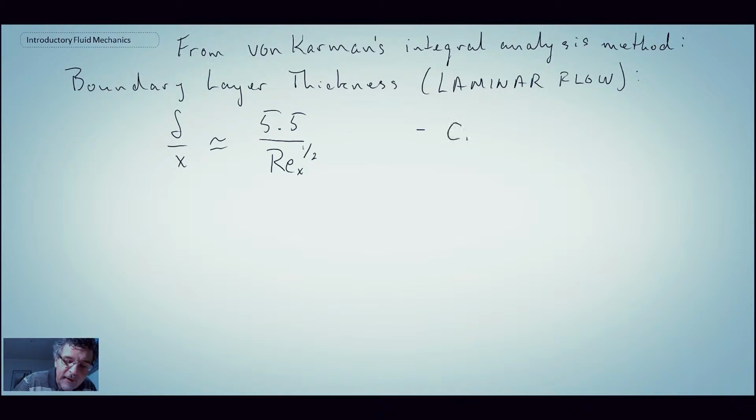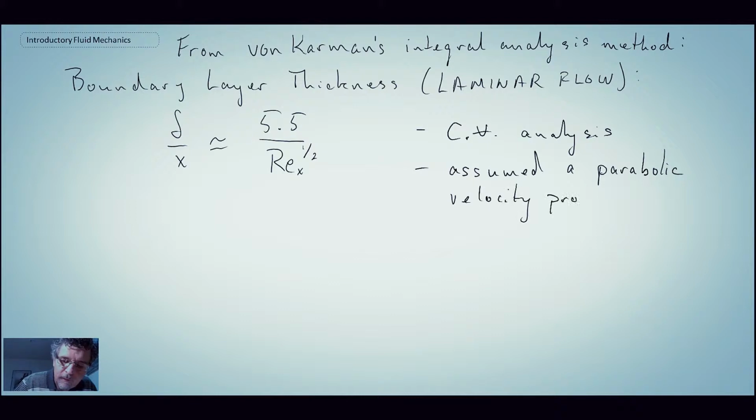He obtained this using control volume analysis, and for laminar flow, assumed a parabolic velocity profile. It was a fairly simple method in terms of the analysis required.